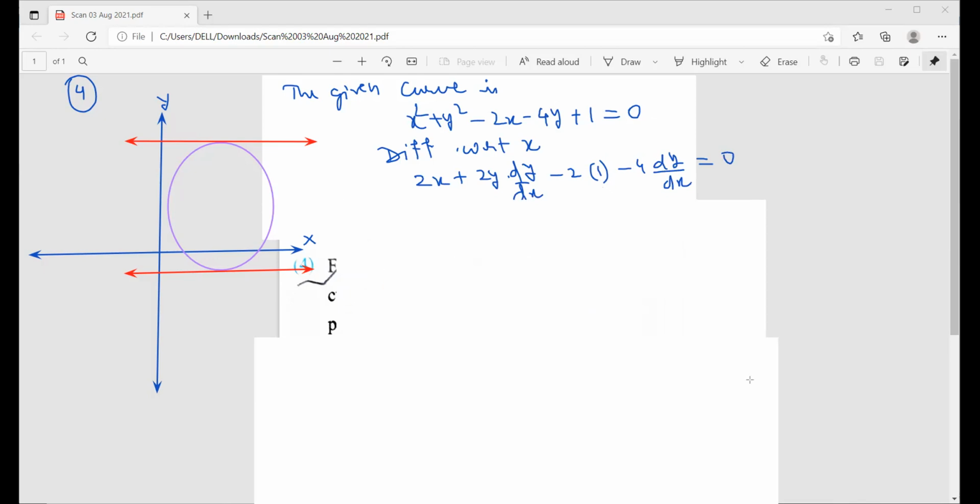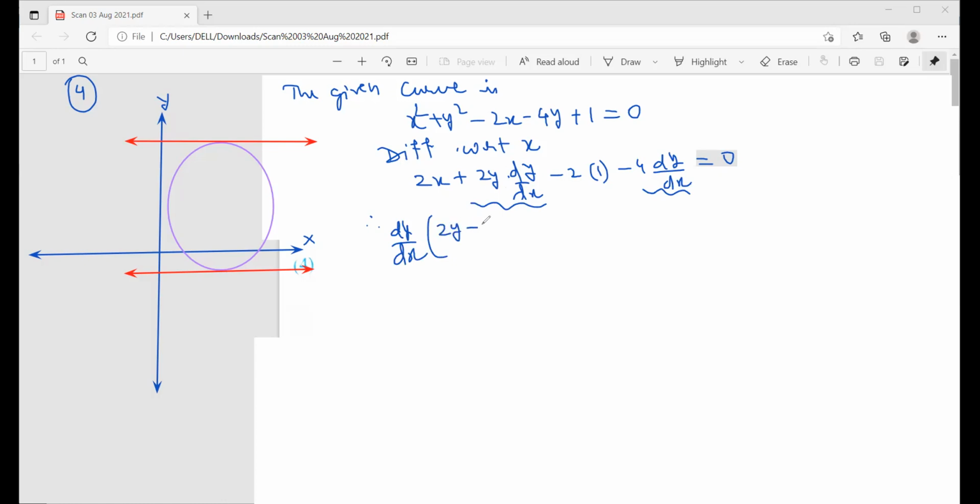Now in the next step, I divide through by 2, and from this 2, dy by dx is common. So I get dy by dx common, and here I get 2y minus 4, and these two I shifted to the left, so minus 2x plus 2x.